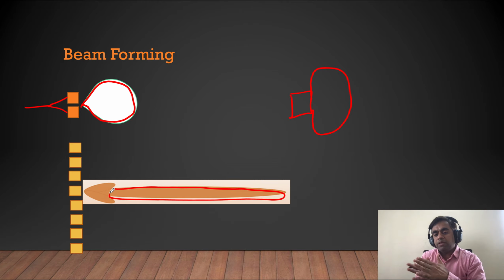When this beam is very focused, it needs a very precise alignment between the gNodeB and the UE. But we will look at this beam management in the later part of this lecture: how does the UE know which beam it needs to select? But for now, you need to remember that when more antennas are combined, the beam that is formed is a sharper, much more focused beam.